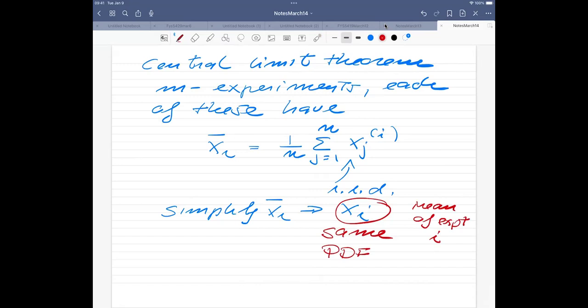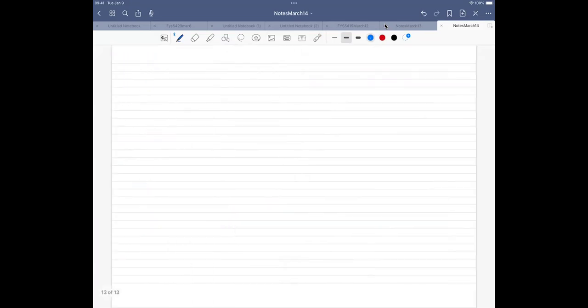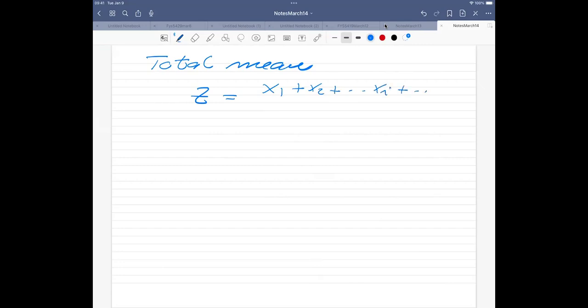Okay? So you could think of having the uniform distribution. It could be the Poisson distribution, any known distribution here. So this means that we can set up the total mean, and we just call this Z, which is going to be the mean of x_1 plus x_2 plus, and then we have our x_i here, plus, and the final one is x_M, the final experiment, divided by M.